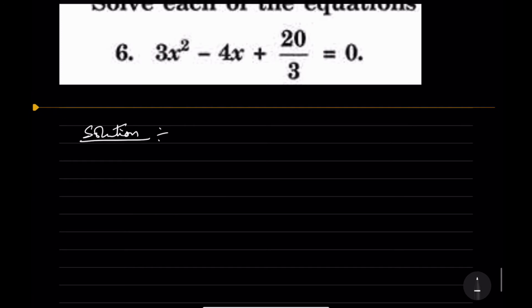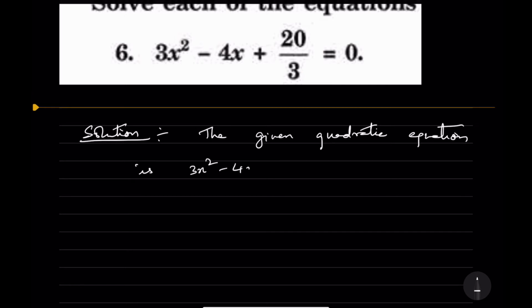So the given quadratic equation is 3x square minus 4x plus 20 by 3 is equal to 0. Now taking the LCM, we get 9x square minus 12x plus 20 is equal to 0.